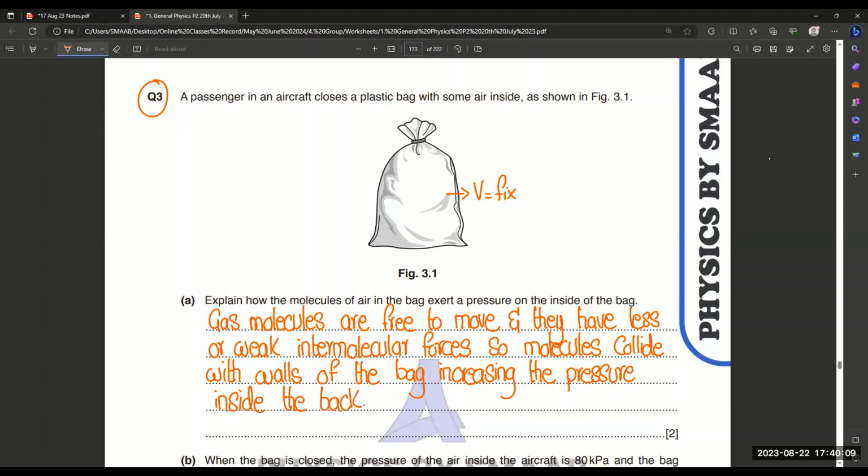You can phrase it according to your choice. It is not compulsory to copy paste the same thing because you already got the concept. So now it is not very difficult for you.